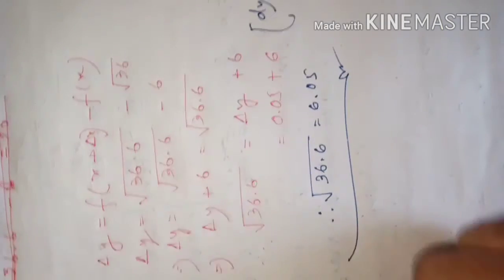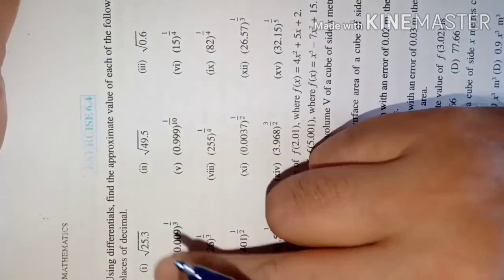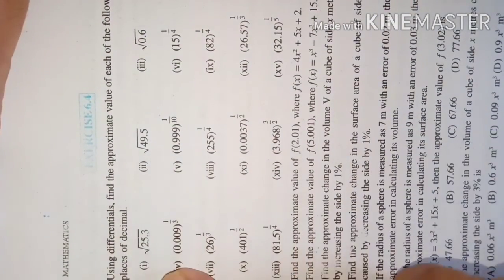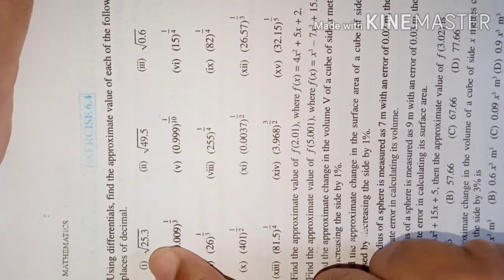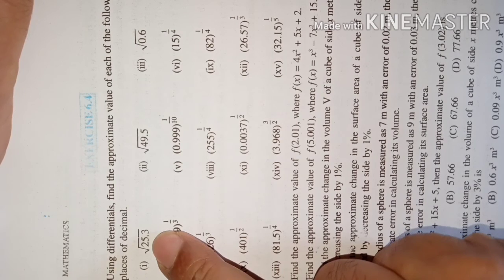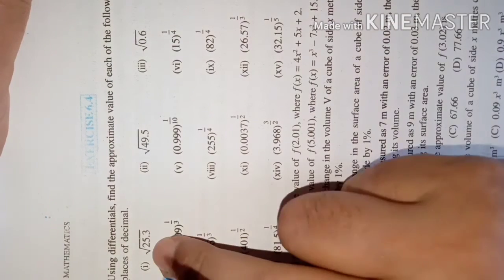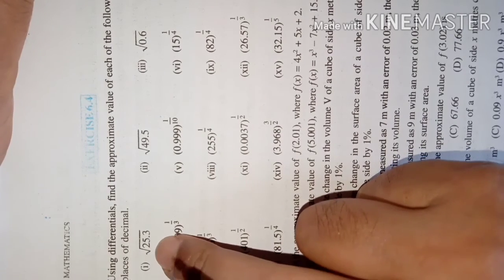Okay dear students, look at this question from exercise 6.4, question number Roman numeral 1. It asks, what is the value of square root of 25.3? So we can consider it this way. Suppose y equals under root x, again the same type of expression.